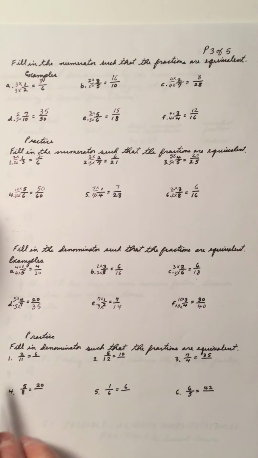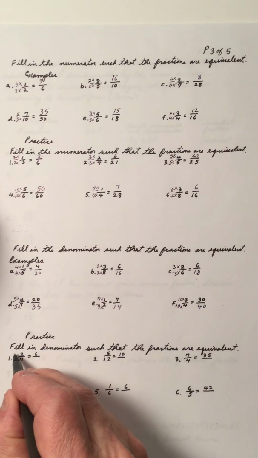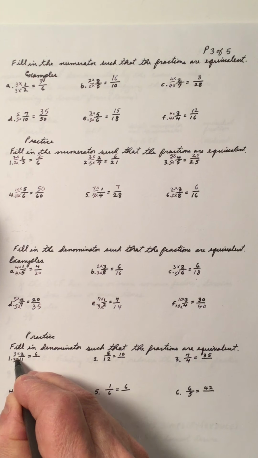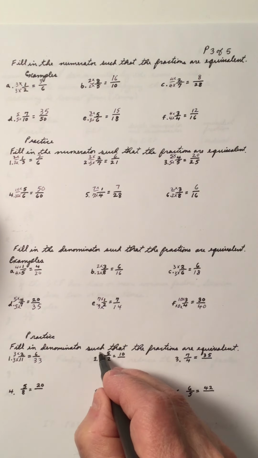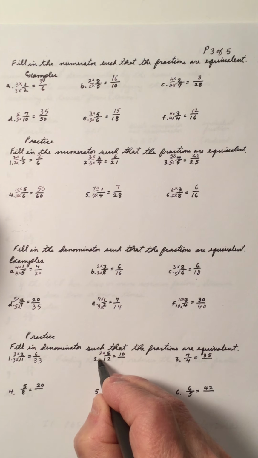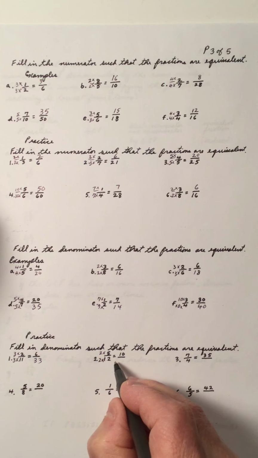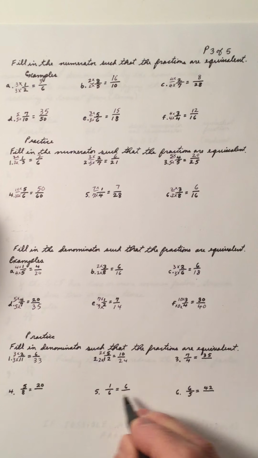Practice, pause, work with your answers, play it back. 3 times 2 gives you 6, so we multiply the bottom by 3 to give you 33. 5 times 2 gives you 10, so we multiply the 12 by 2 to give you 24.